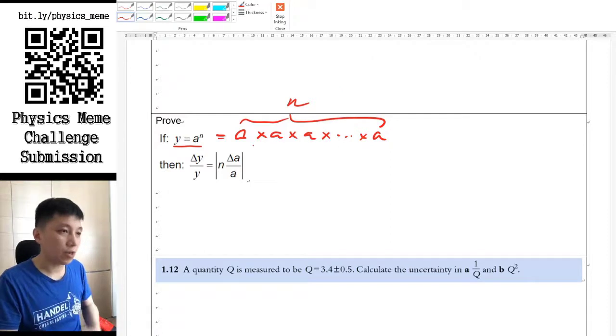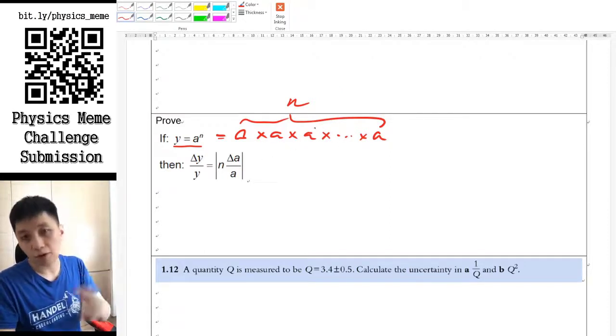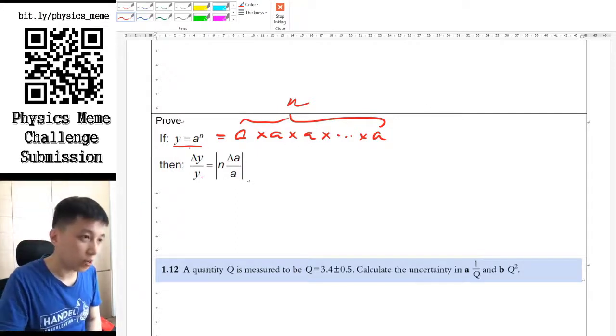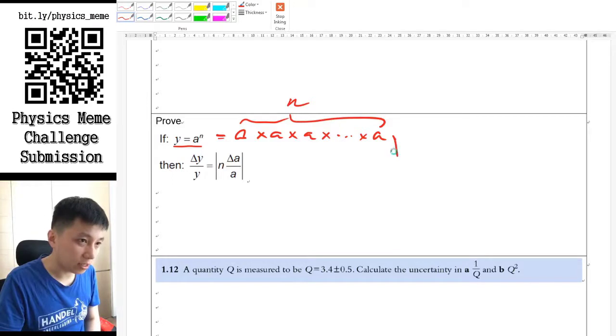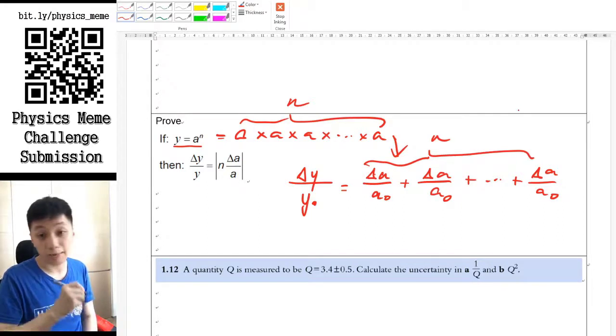Okay, so imagine these A are not really A, but A, B, C, D, E, F, whatever, for n different letters. Then it's all the same, because according to what we learned, we can deduce that delta y over y log, according to the equation that you learned earlier, equals delta A over A log, plus delta A over A log, and continue for n times.